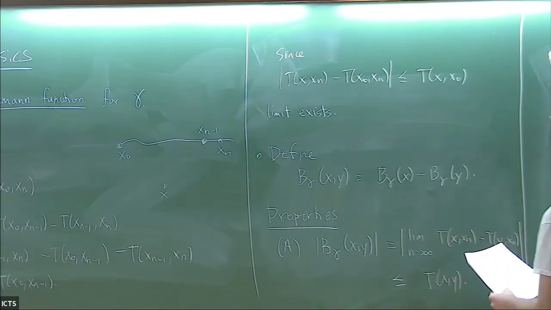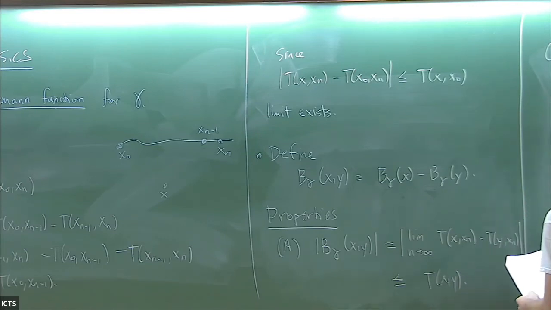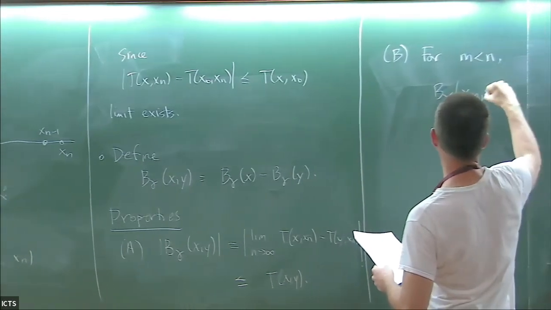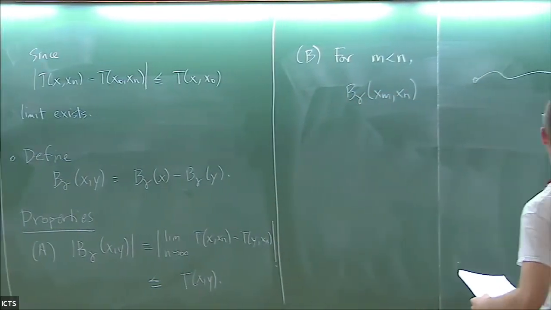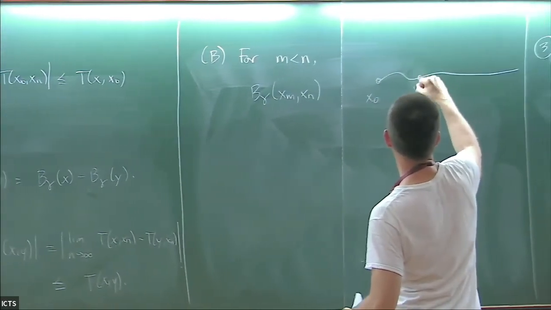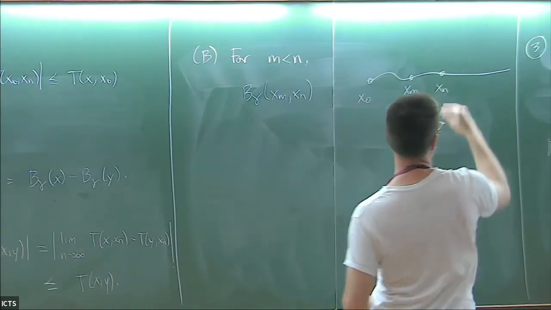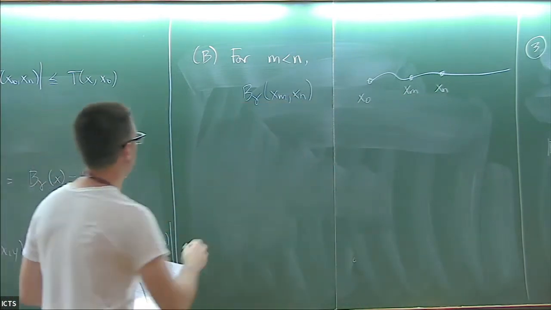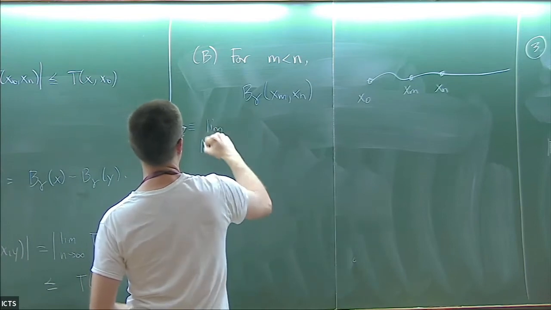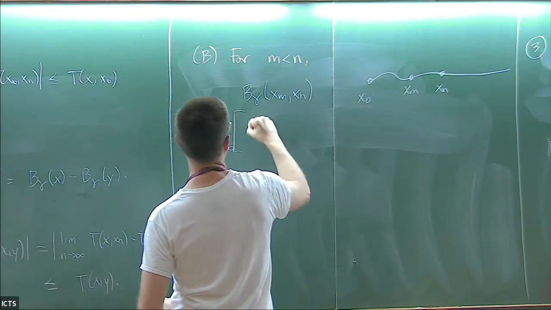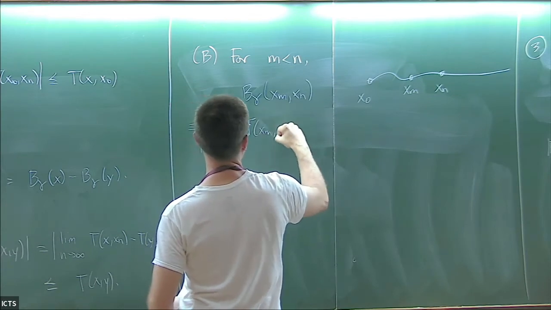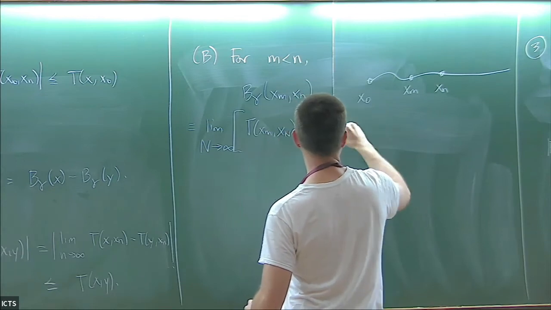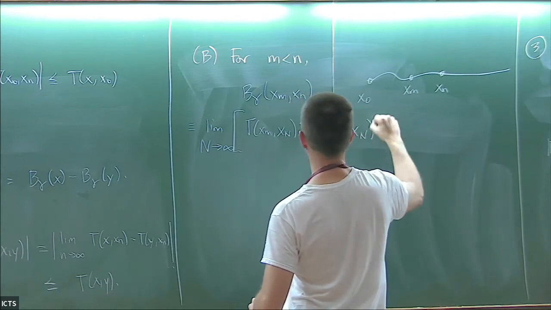Okay, property B. For m less than n, if I look at the Busemann function from x_m to x_n, so in the picture here is x_0, x_m is here, x_n is here. Well, this is going to be the limit, capital N goes to infinity, of T(x_m, x_N) minus T(x_n, x_N).